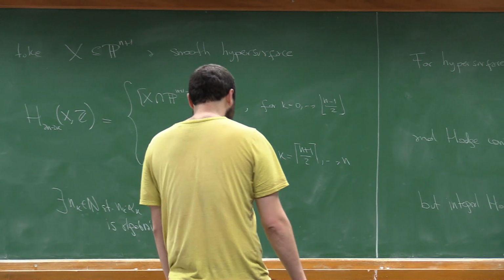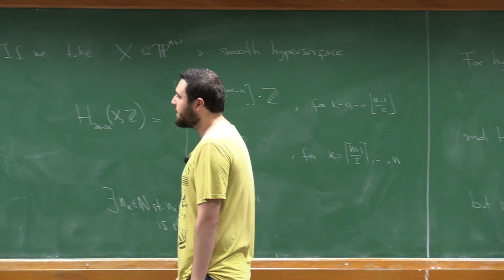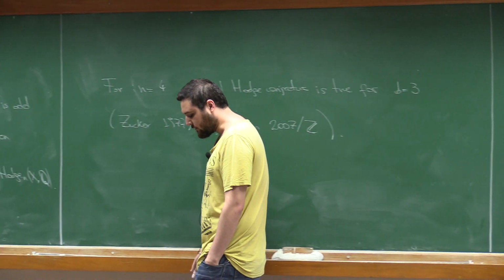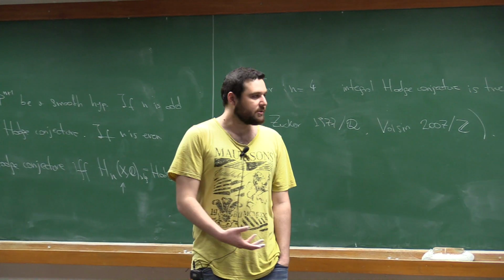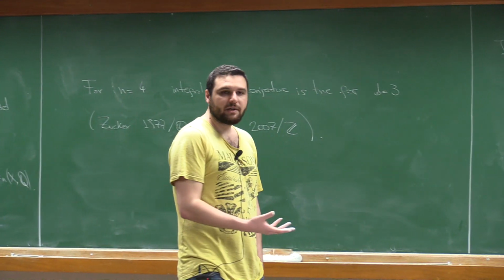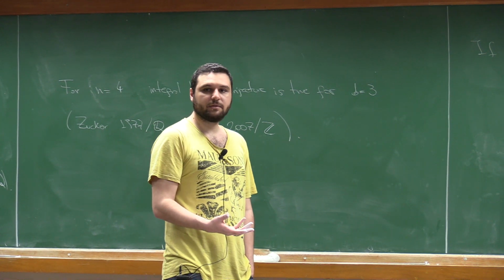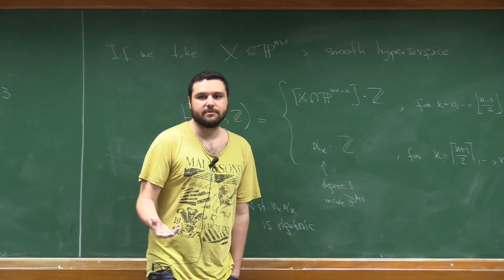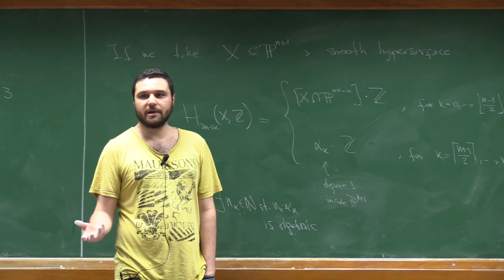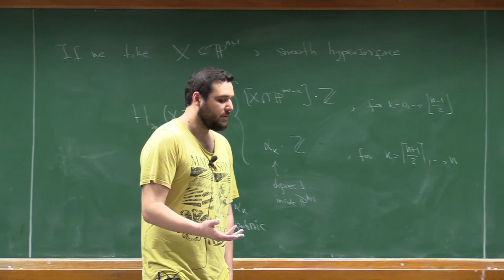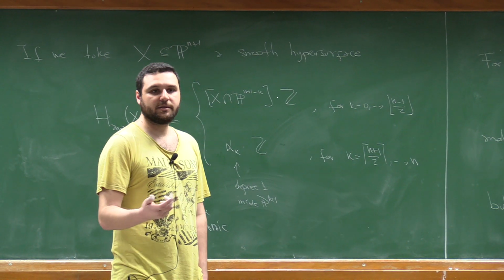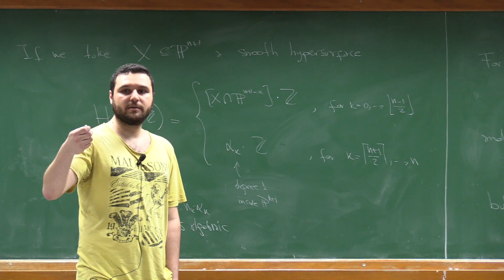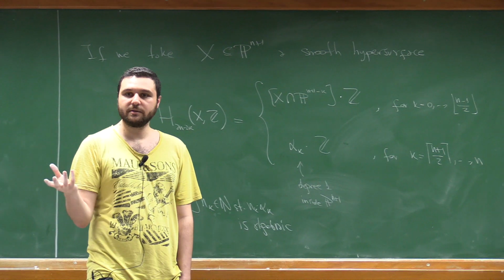Something that I didn't mention is that you could have stated the Hodge conjecture not for algebraic varieties, right? We have everything that we need in order to state the Hodge conjecture for a compact Kähler manifold, right? In every compact Kähler manifold, you have this Hodge decomposition, so you can ask whether a cycle is Hodge. I mean, if the dual of this lies in the middle part of the Hodge decomposition or not.